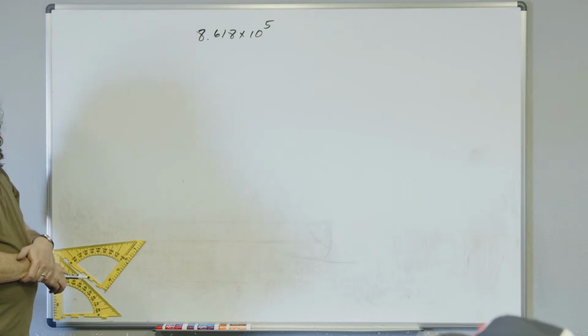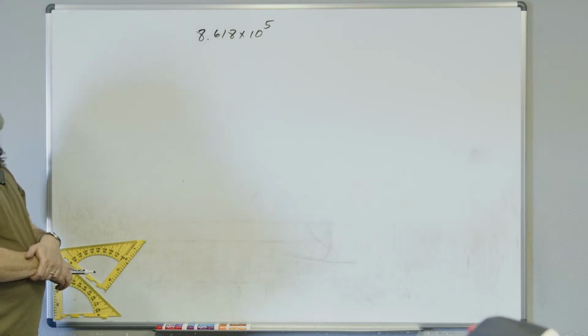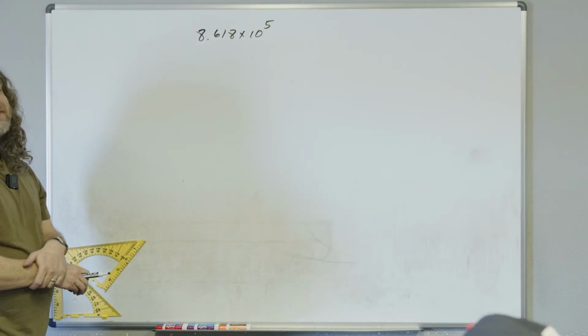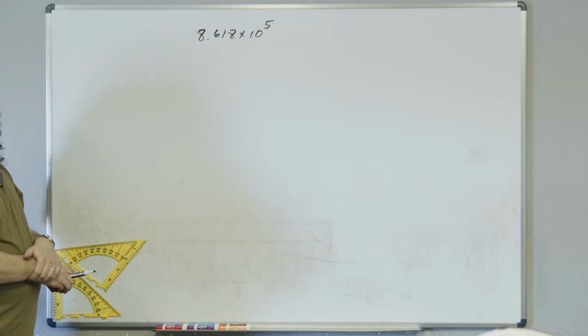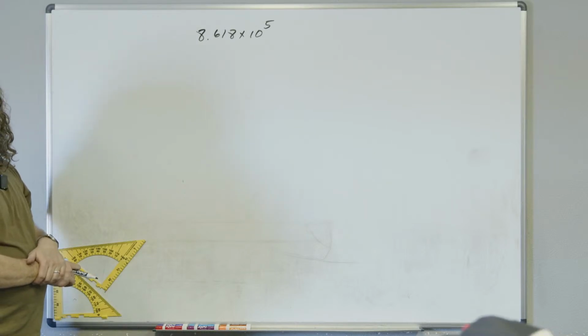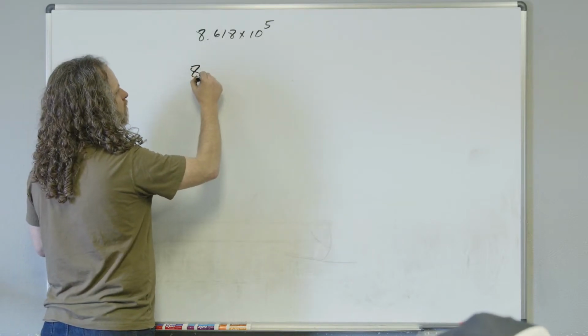Y'all are making something that's very complicated that is not scientific notation. You're not going to move over 3 and subtract 5. That's definitely not right. You put the decimal over to the left. You don't need a calculator for this. If you cannot do these without a calculator, you're doing it wrong.